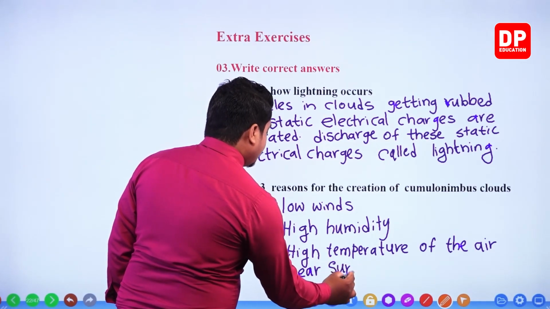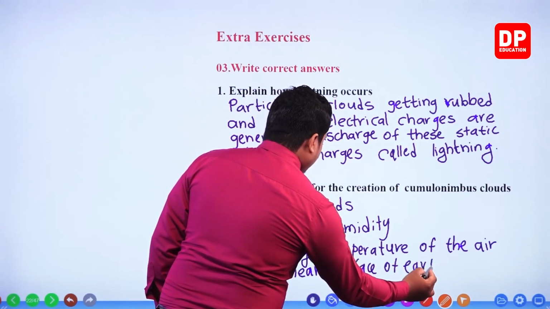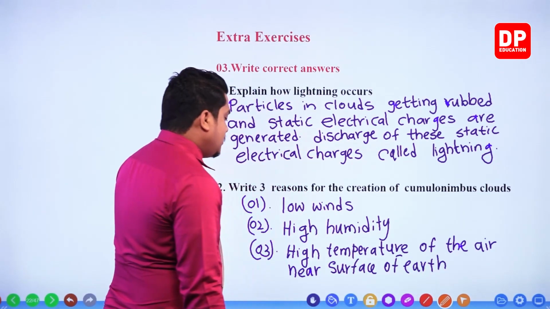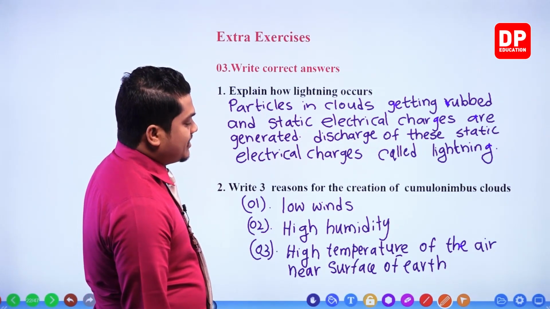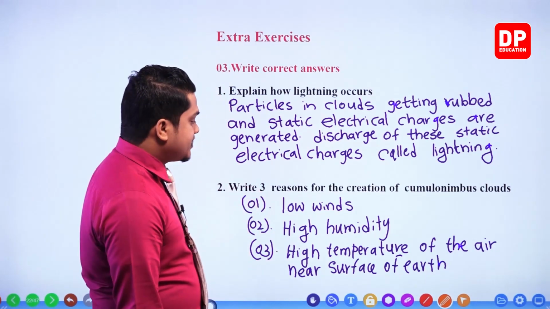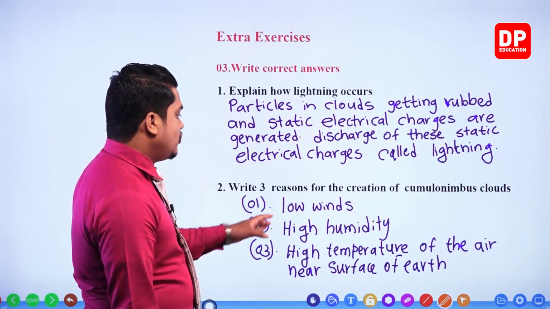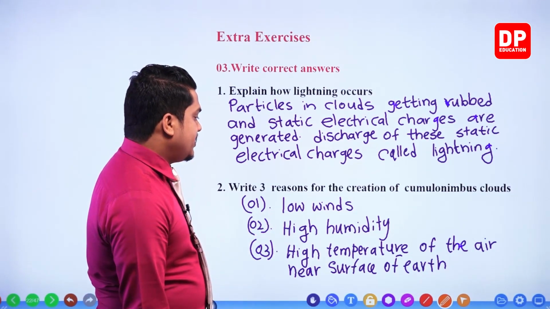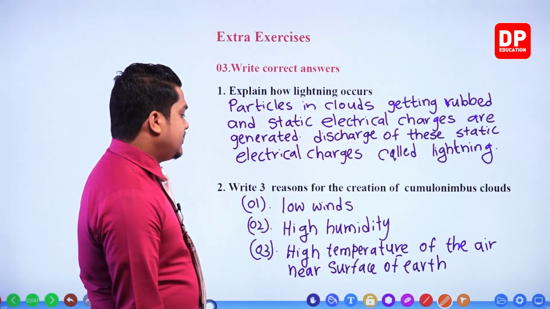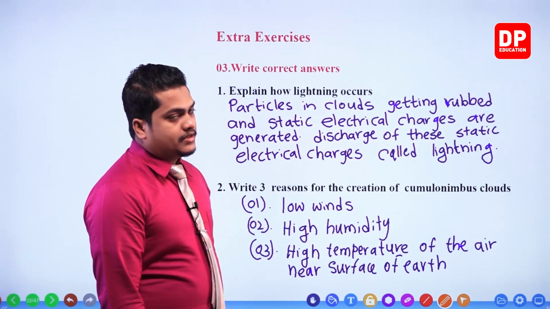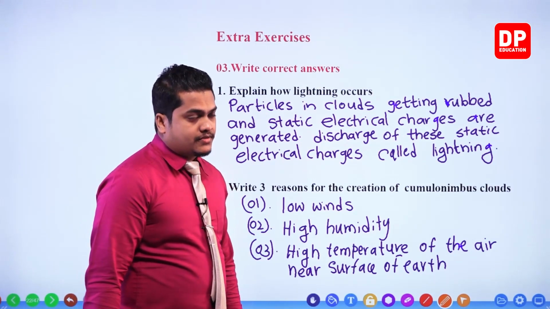Not the atmosphere. So high temperature of the air near the surface of the earth. That means air means atmosphere, right? So these are 3 reasons for the occurrence of cumulonimbus clouds. Low winds, high humidity, then high temperature of the air near the surface of the earth, right? 3 reasons for creation of cumulonimbus clouds.